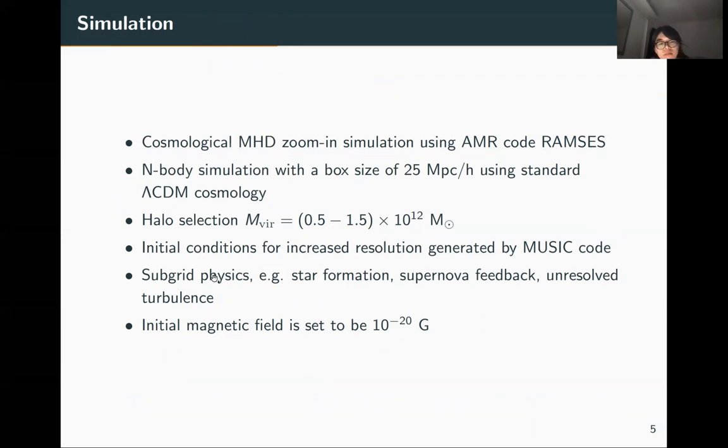Our simulation involves full subgrid physics, including star formation, supernova feedback, unresolved turbulence, and so on. The initial magnetic field is set to be 10 to the minus 20 Gauss along the z-axis in the simulation box. Okay, let's move on to the results part.